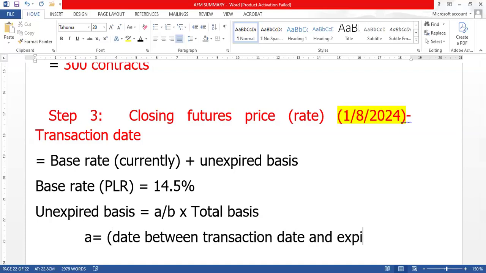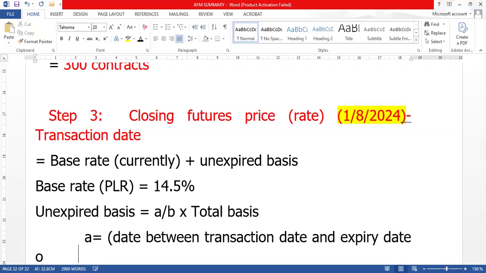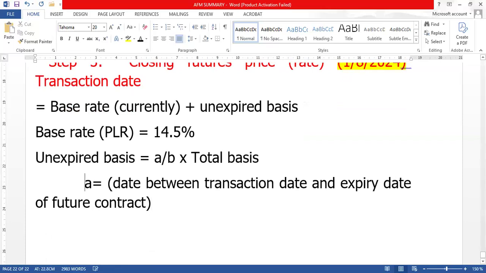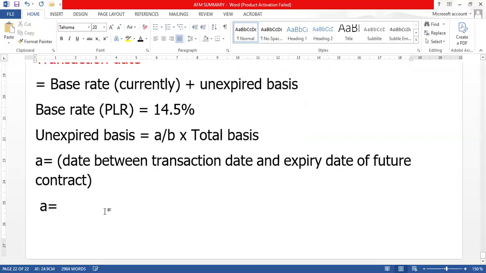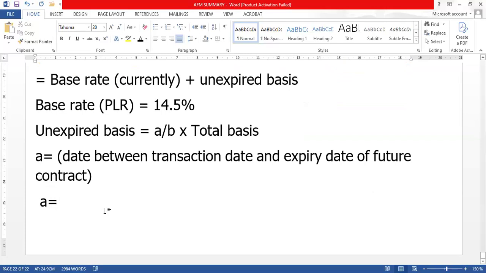The expiry date of the futures contract. Does it make sense? The period between the transaction date and the expiry date of the futures contract. We want to know, from now to the date when our contract will expire, what is that period?